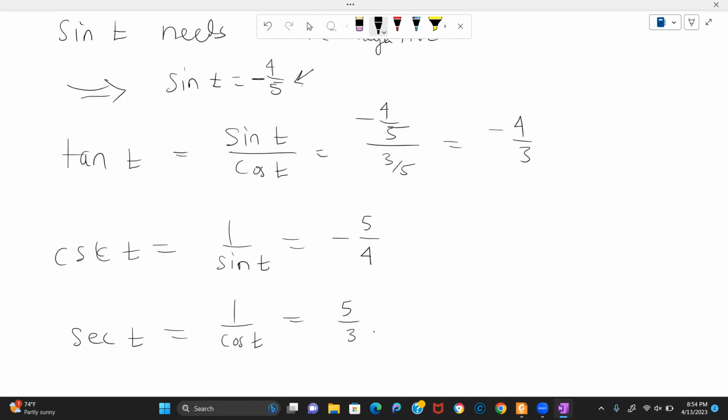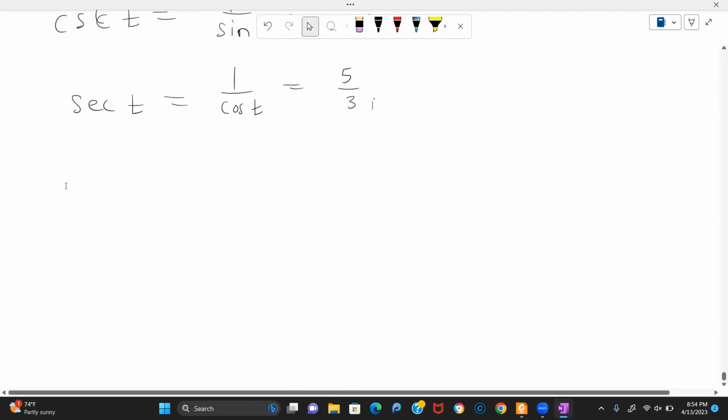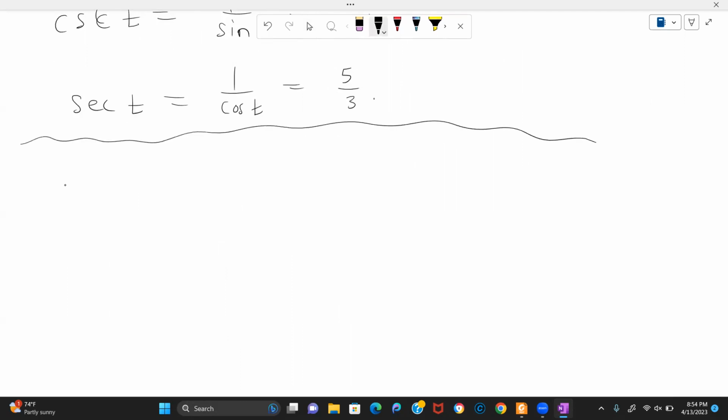Now we're going to look at graphs of sine and cosine. So this is 5.3, trigonometric graphs.